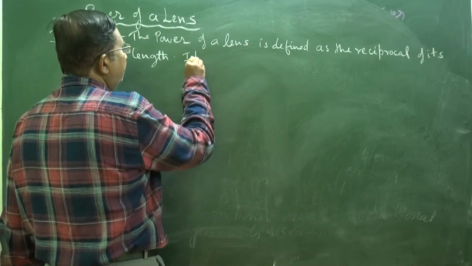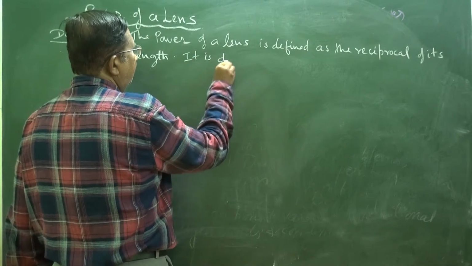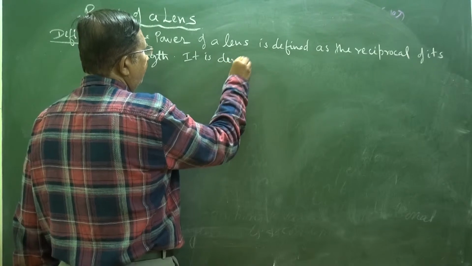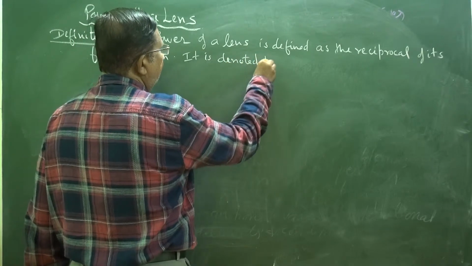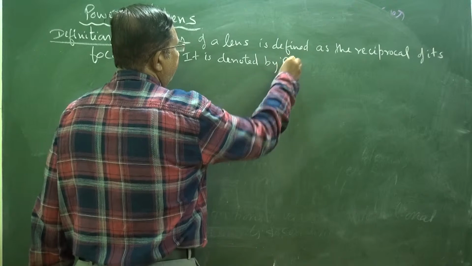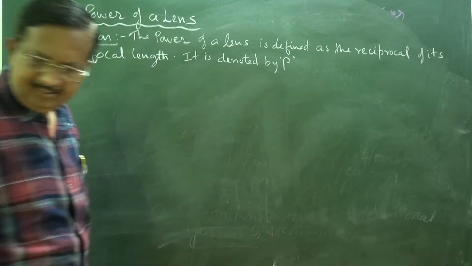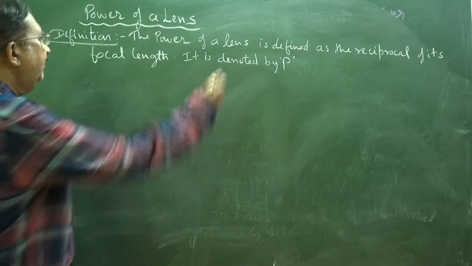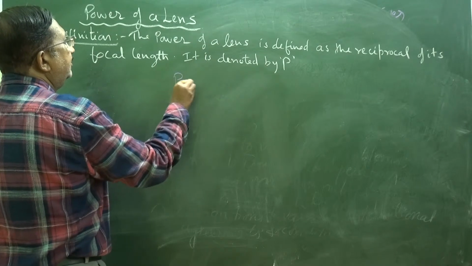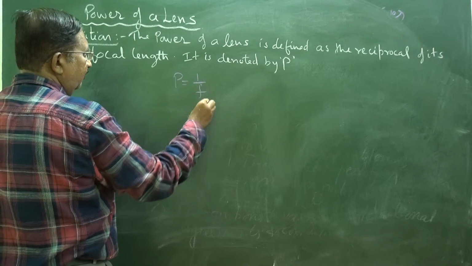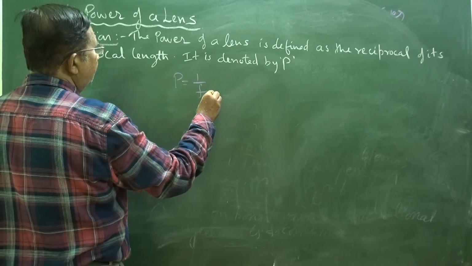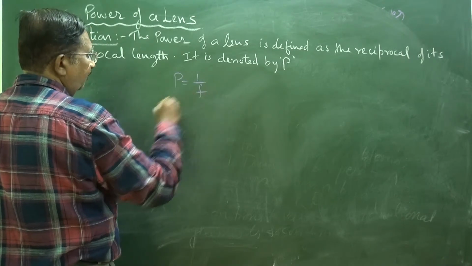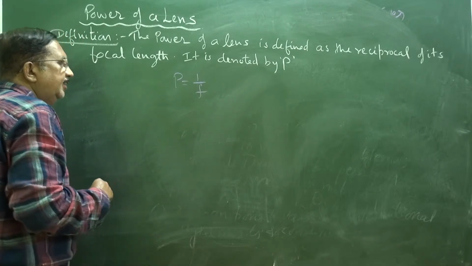It is denoted by P. So how will you write the power? P is equal to 1 by f, which is expressed as the reciprocal of its focal length.